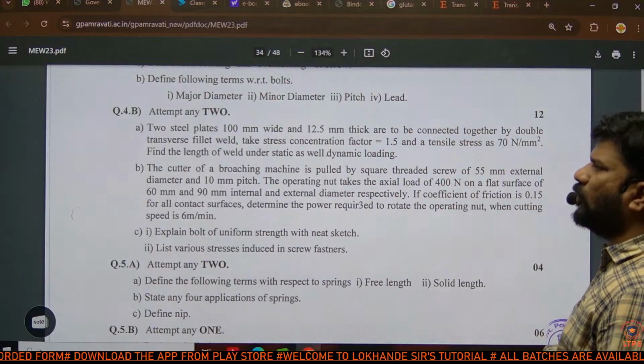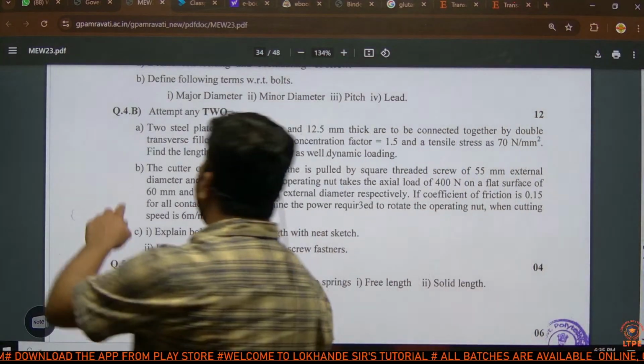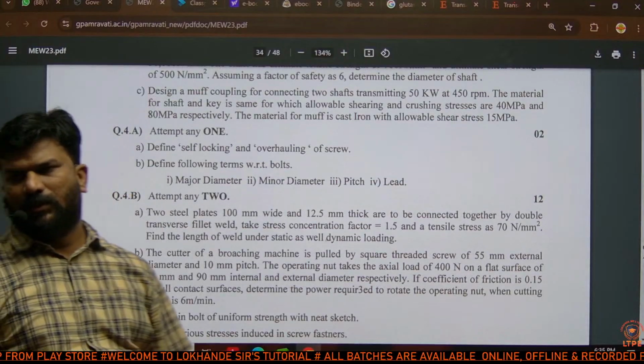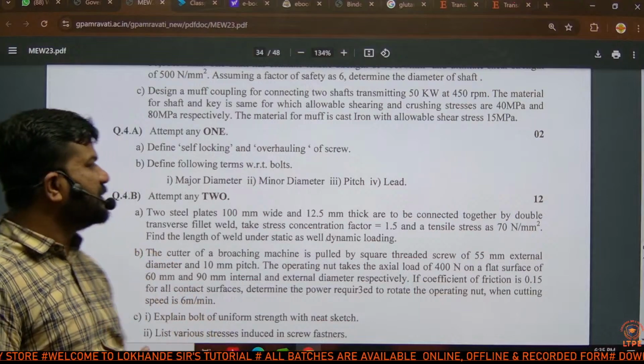Question number 4B and 4A depend on the bolted and welded joint.